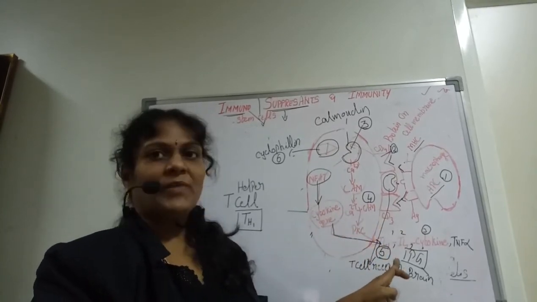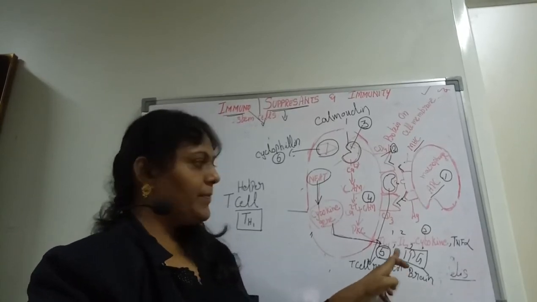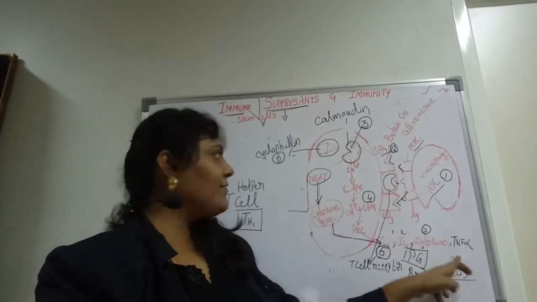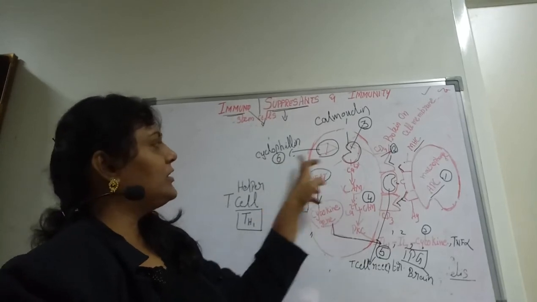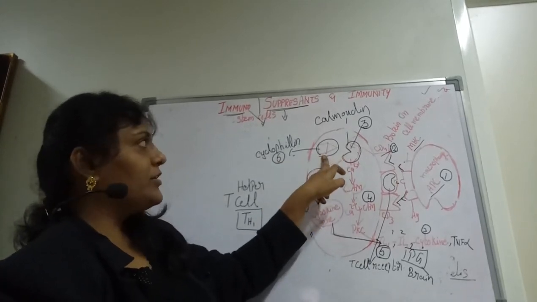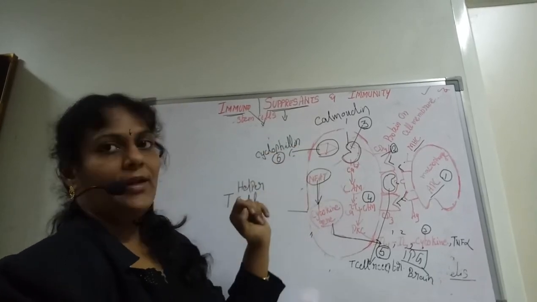And the fifth place is the symptoms of inflammatory factors, that means the inflammatory factors which are being released, acting on IL-1, IL-2, cytokines and TNF-alpha. They are also acting on the cyclophilin protein, to which the drug is attached.